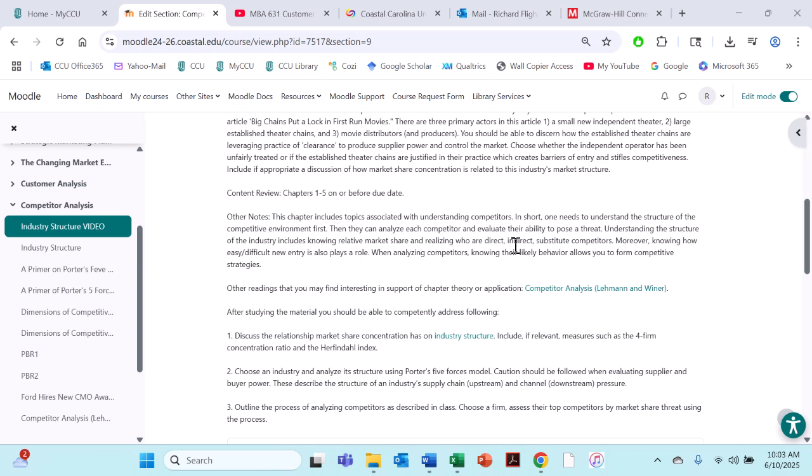And then being able to analyze competitors and create a competitor profile, and what you would look at when you're looking at competitors, what you would assess of them that would help you better understand who they are, what they are, how they operate, how they're going to operate in the future. It puts you in a good, sound position in the industry.